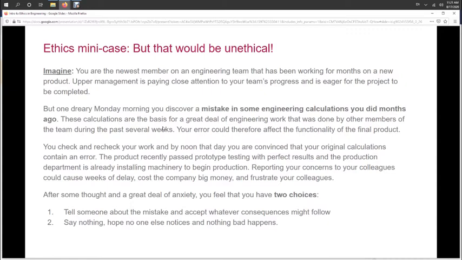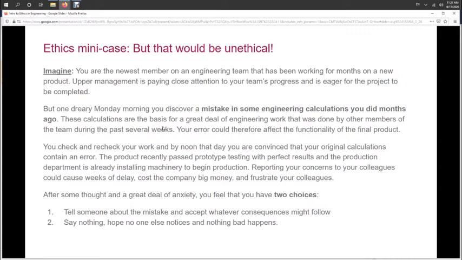So you check and you recheck your work, and by noon that day, you're sure that your original calculations have an error. The product recently passed prototype testing and it worked flawlessly, and the production department is already installing machinery to begin production. So if you report your concerns to your colleagues and you tell them you're afraid that you made a mistake, it could cause weeks of delay, it could cost the company a lot of money, and it could frustrate your colleagues.